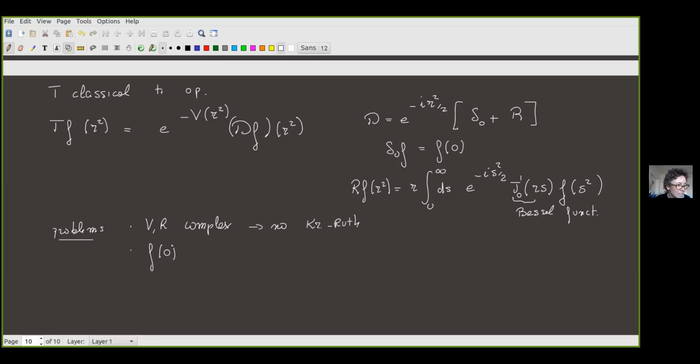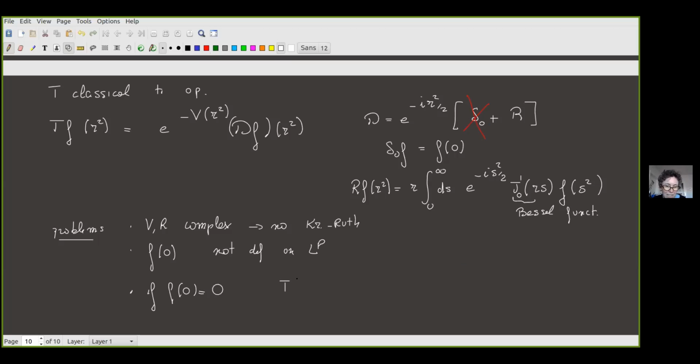F in 0 is not defined, it's not a well-defined operator on L2 or LP. But now there is good news. If the function in 0 is 0, then this term disappears. We only have R, and R is a well-defined operator.